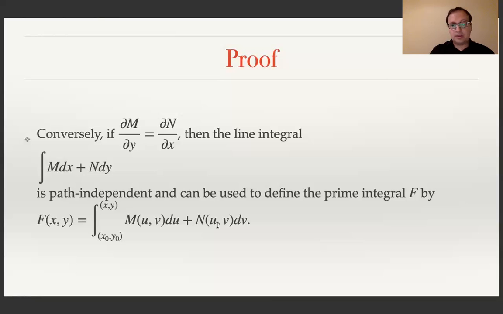So this line integral is independent of the path, and then one can prove that the function capital F defined by this line integral has the property that partial f over partial x is M, and partial f over partial y is N. So it is a prime integral for the equation.